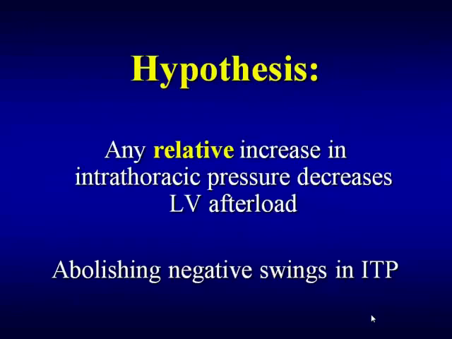So if that's true, the hypothesis is any relative increase in intrathoracic pressure will decrease left ventricular afterload. And this is where obstructive sleep apnea comes in. If I can abolish the negative swings in intrathoracic pressure, I'll take away the negative afterload effects without having any decrease in venous return because I haven't made the pressure positive.